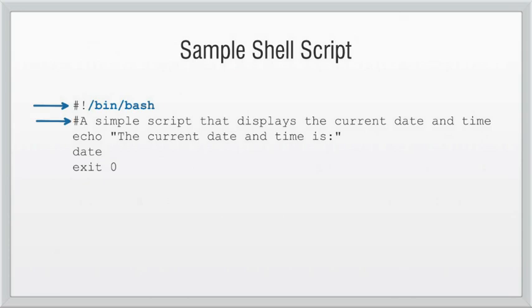Next, we have a comment. Notice there's a # here followed by some text. This part of the script is just a comment that describes what the script does. Anytime you see a line of text within a script file that begins with a #, it indicates that the text that comes after that is a comment. Because it's a comment, this part of the script is not displayed or processed in any way when the script is run.